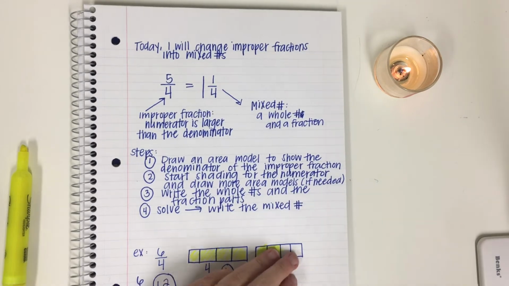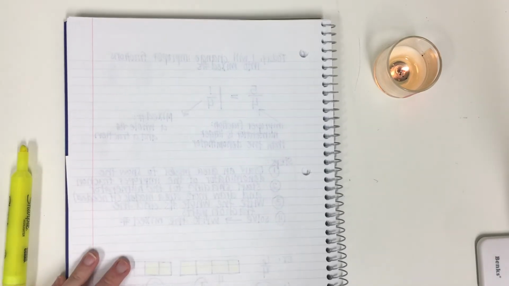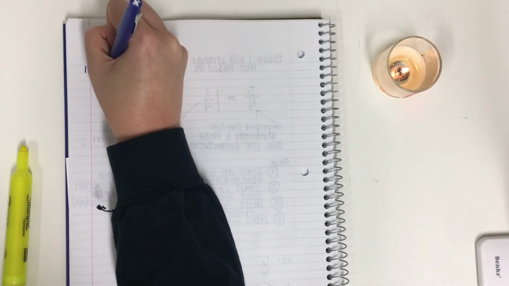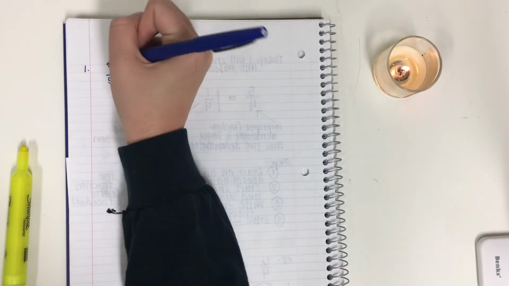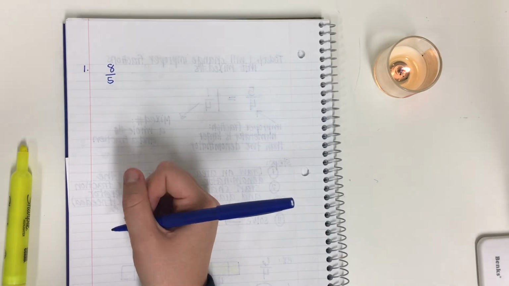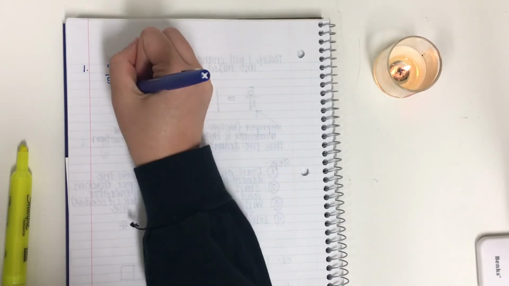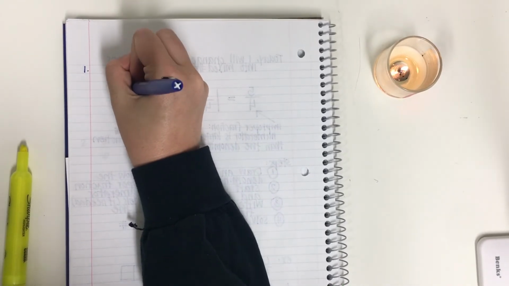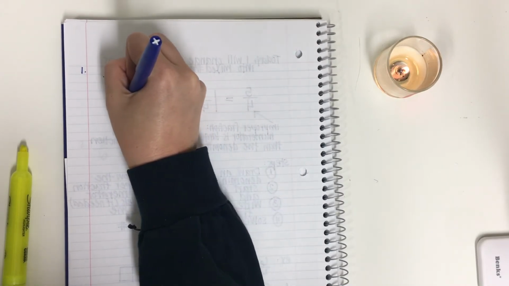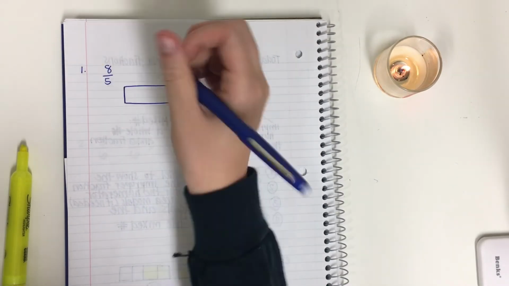Okay, let's do another one together. Let's do 8/5. Okay, I'm going to do fraction model first. So how many parts do I need? 5.